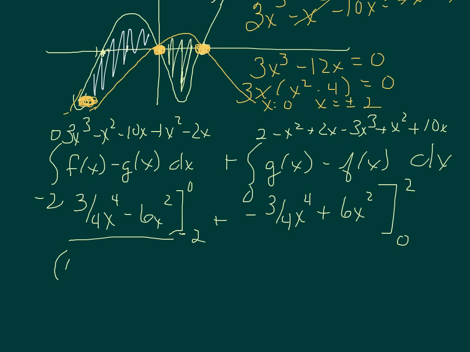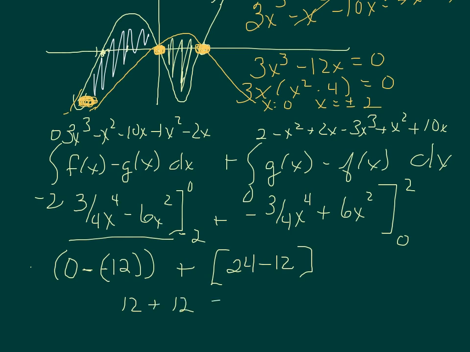So don't forget, it's 0 minus, and you get a 12 here, so you get minus 12 plus 24. And I think this is 24 minus 12. So 12 plus 12 is 24. Right.